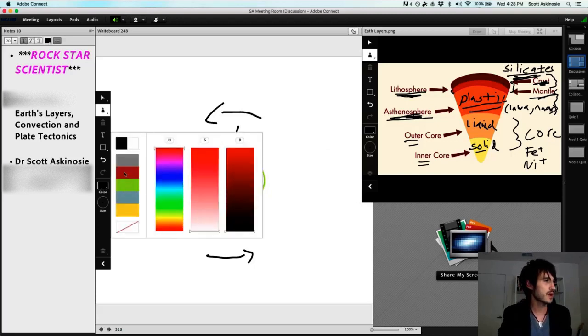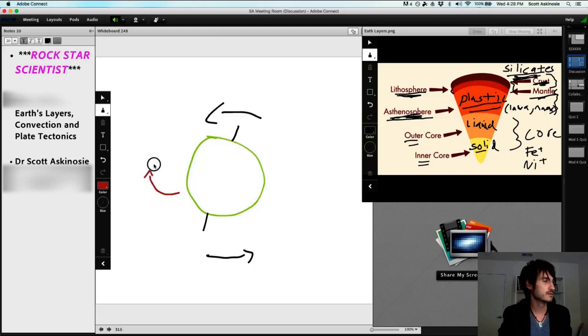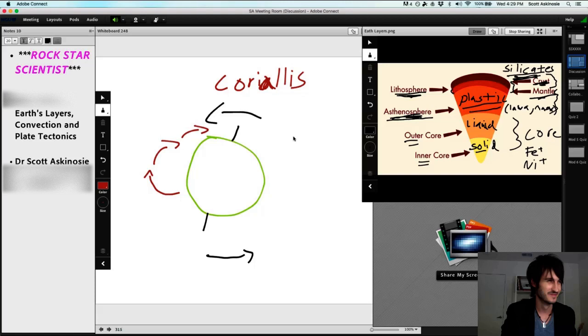Okay, so we have these wind patterns that are moving like this. And this, the movement of the Earth, is what causes hurricanes to initiate that spiral pattern. And this is called the Coriolis effect. Coriolis? I don't know. You can get the spelling from your study guide. I'm not an English teacher, just a scientist.